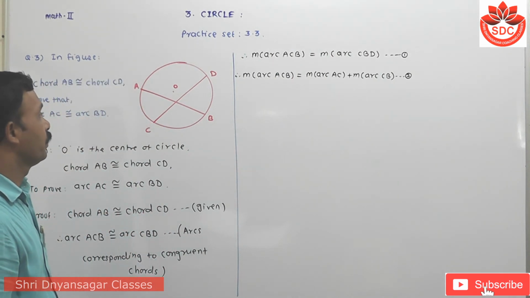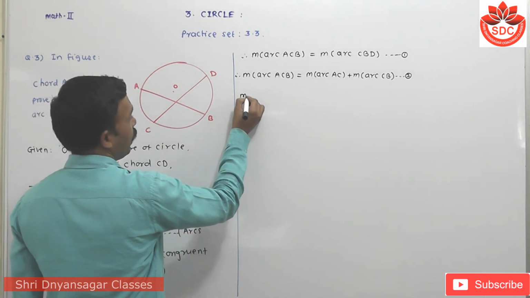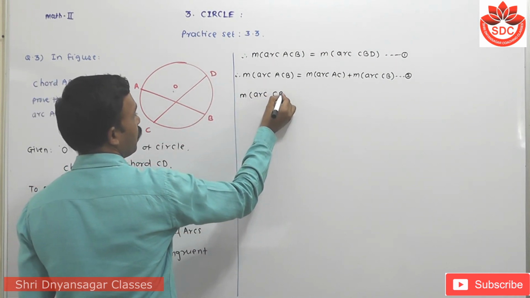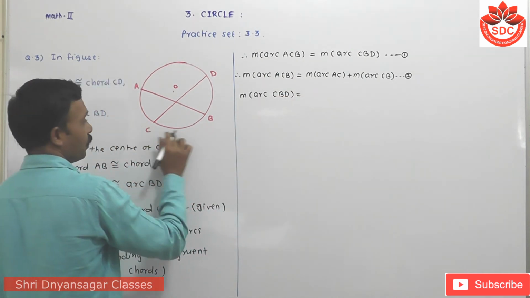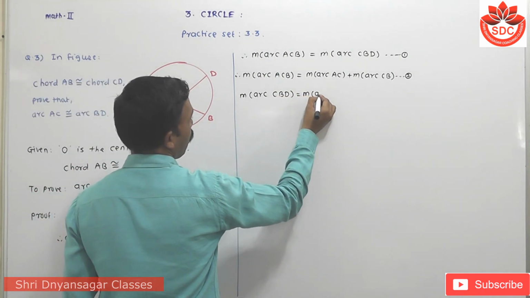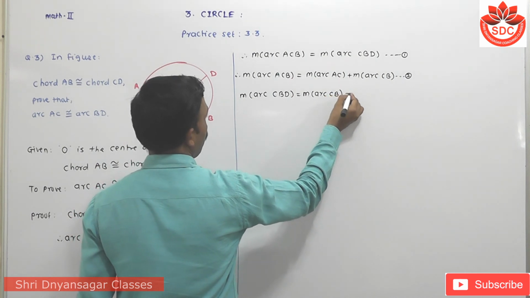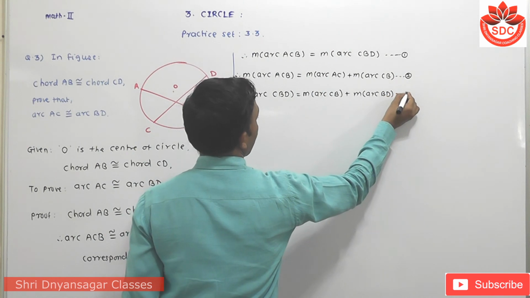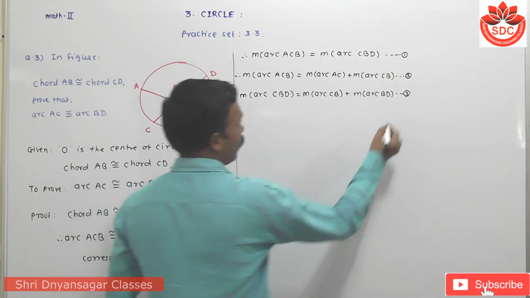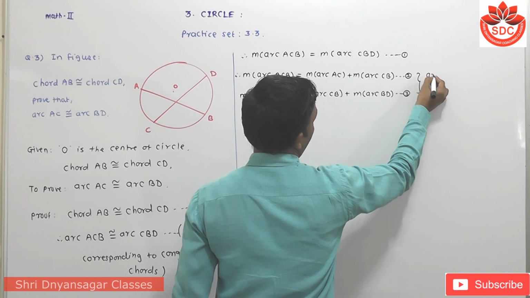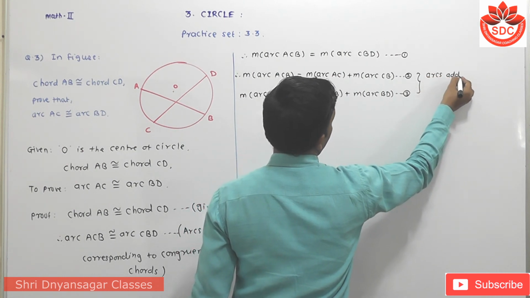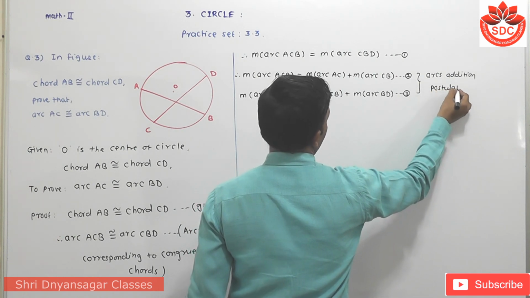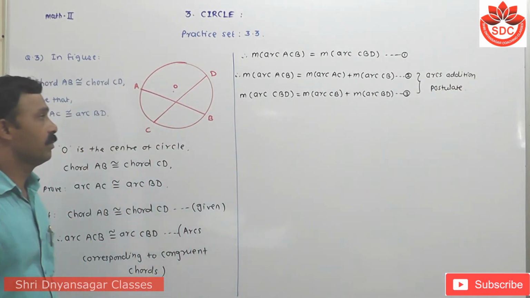Then third one is measure of arc CBD is equal to measure of arc CB plus measure of arc BD. Suppose this is equation number third. The reason is the arc addition postulate, for both of these.